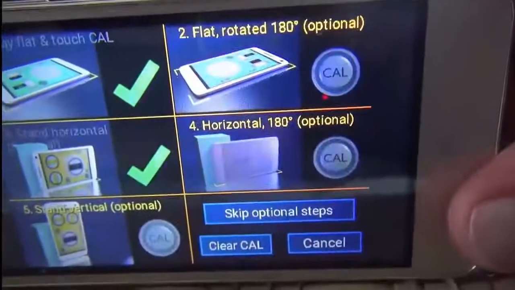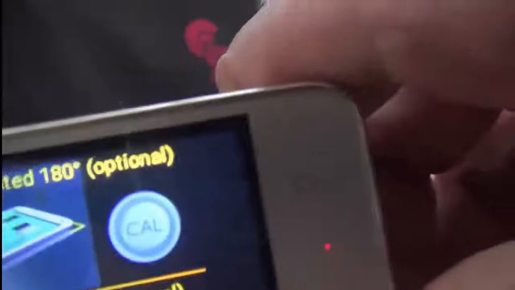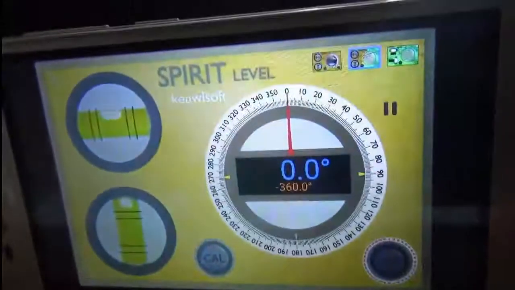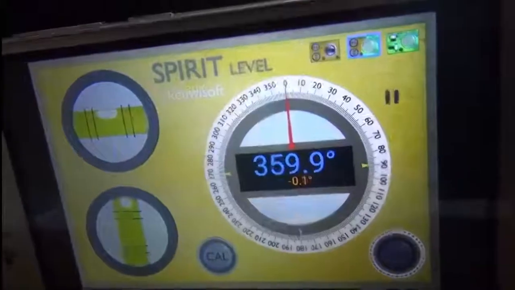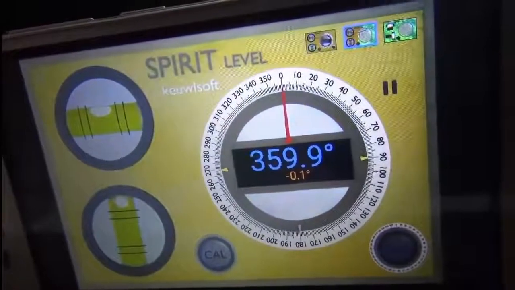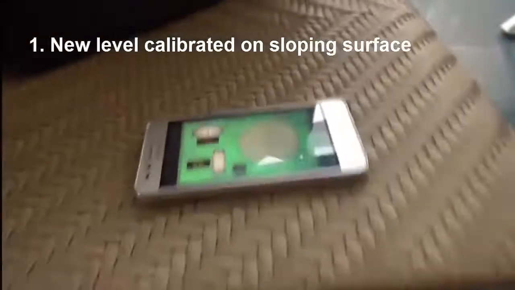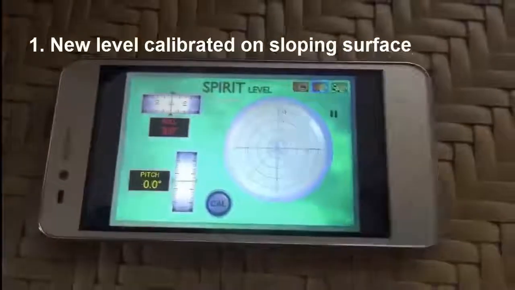And calibrate. Skip. So now it sees that as level. Even though it's on a slope, it thinks it's level because that's where it was calibrated.